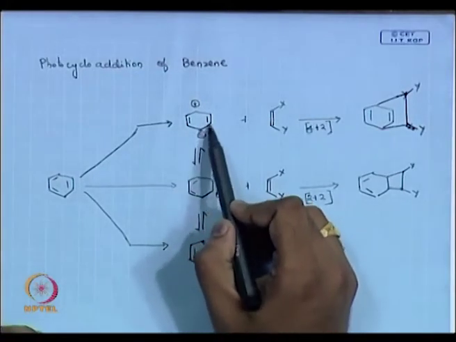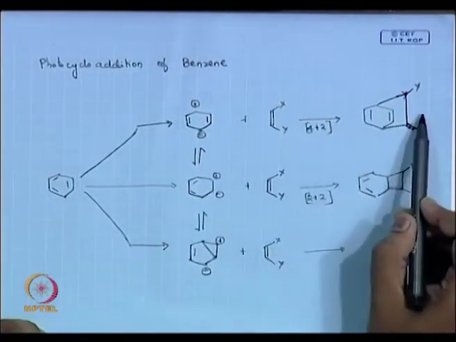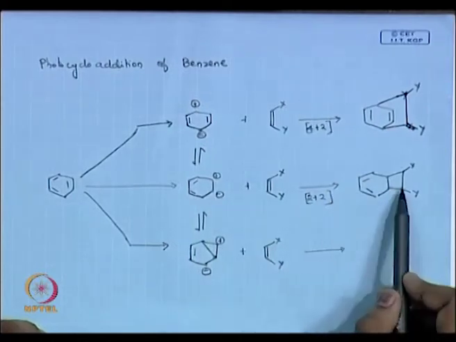See, this is 1, 2, 3, 4. So, you call it a 4 plus 2 cycloaddition, and 2 plus 2 cycloaddition.